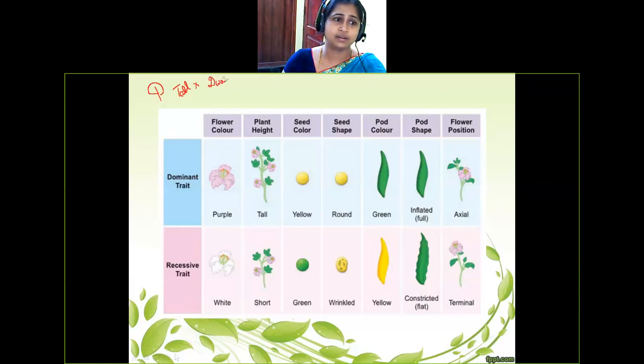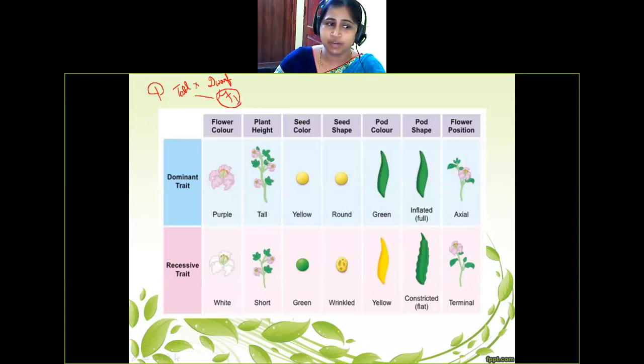I've taken the character size. What is the character you will get in the first generation? Based on that only, Mendel said which are the dominant characters. The character which is seen in the F1 generation, the first generation, is called the dominant character. The character which is masked, covered, and not allowed to express is called a recessive character.